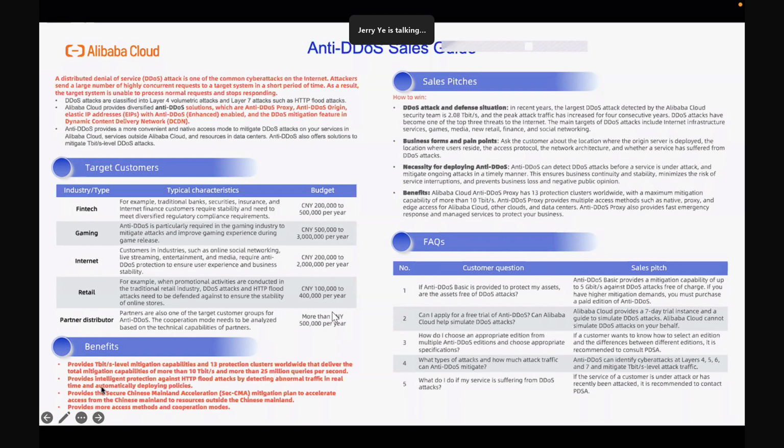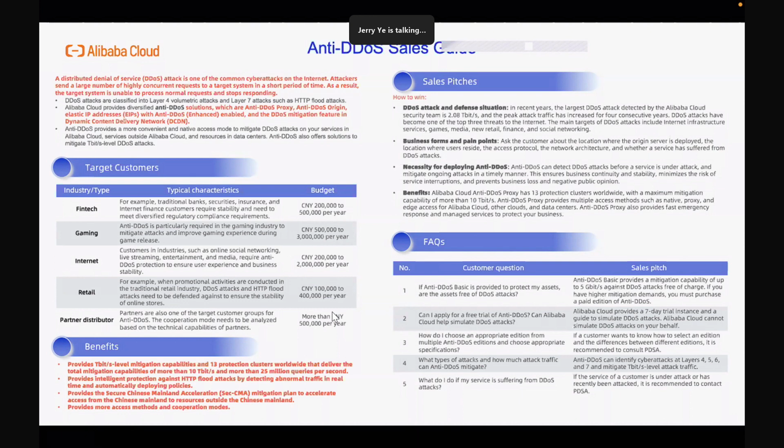Okay, for some other scenarios, if the original site is deployed outside Chinese mainland, but the end user is in Chinese mainland, we also provide the Chinese mainland acceleration. That is the acceleration plan for our end users, which can also be integrated with the anti-DDoS proxy outside Chinese mainland.